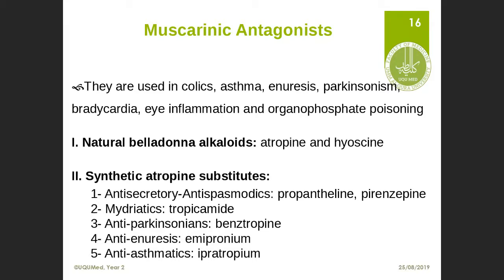So enuresis, as I explained earlier, is an increased urination reflex or increased urgency of urination, and it happens both in children as well as in adults after the age of 60 or 65, when the contraction and relaxation of their urinary bladder is compromised.